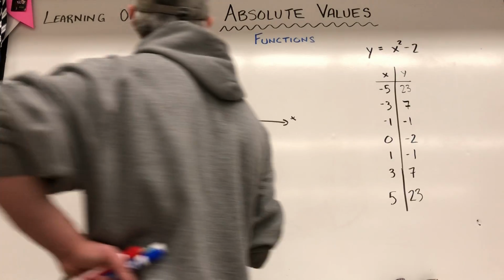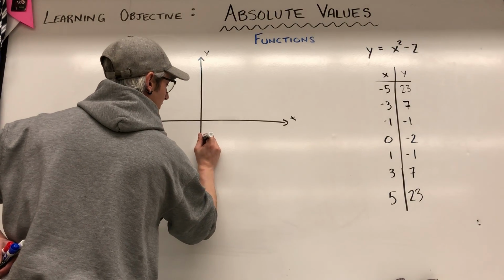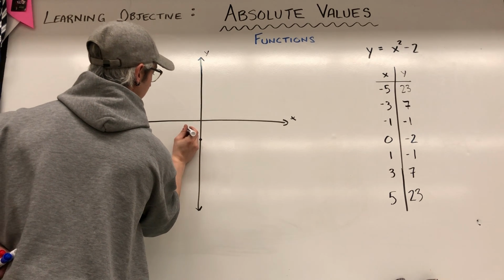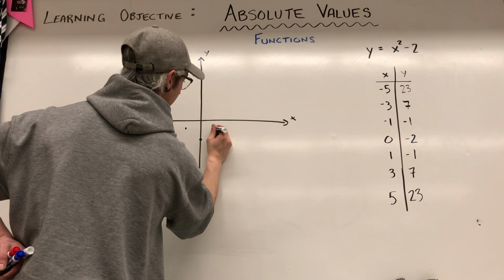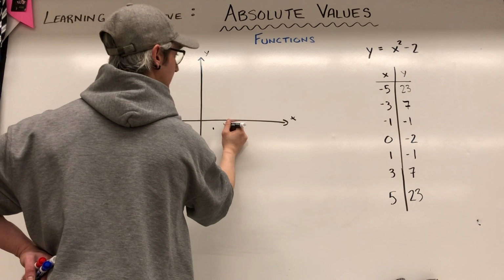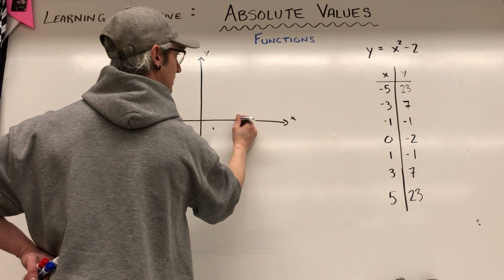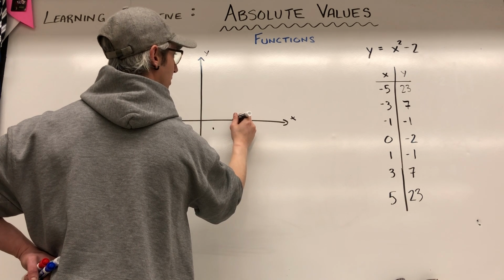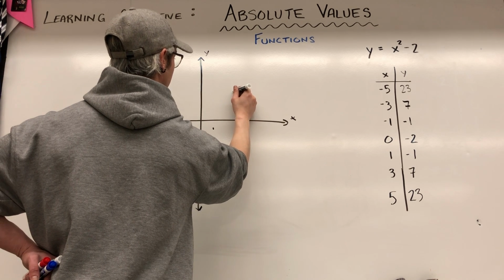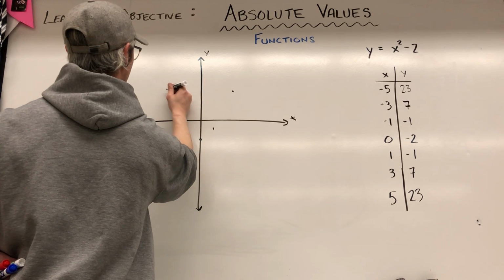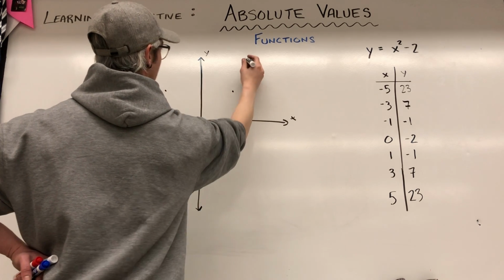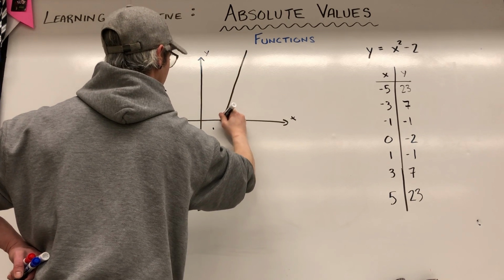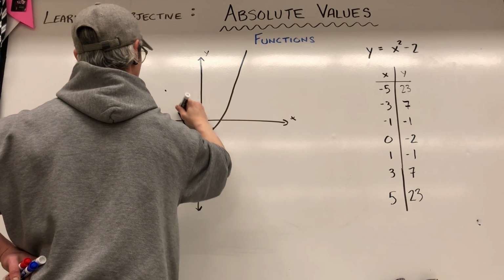If I were to graph this, it's going to hit a bottom at negative 2. At negative 1, it's going to be at negative 1. At negative 3 and positive 3, it's going to be at 7. Something like that. And then it goes out to space at 5. It goes really high. So if I were to graph this, very crude.